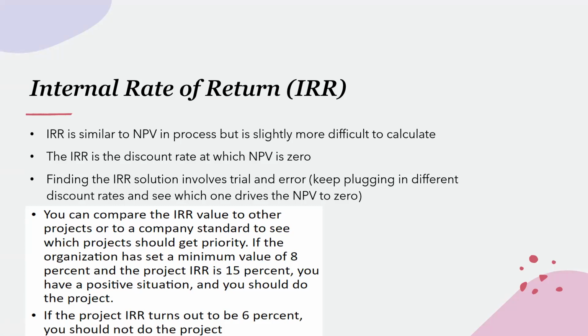At the point where the net present value is 0, the discount rate is what we call the IRR. So finding the IRR solution involves a trial and error method, where we try to plug in different discount rates and see which one drives the NPV to 0.